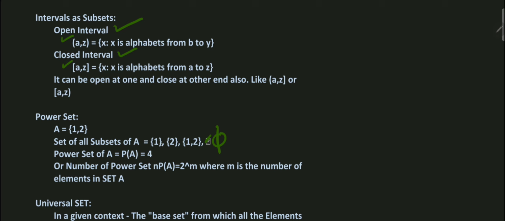It is just the number of all subsets: 1, 2, 3 and 4. Or the number of elements in the power set, n(P(A)), is defined by the formula 2 power m, where m is the number of elements in set A. Let's say instead of 1, 2 it has 1, 2, 3, that means 2 power 3, 2 into 2 is 4 and 4 into 2 is 8, that will be the size of the power set of A.